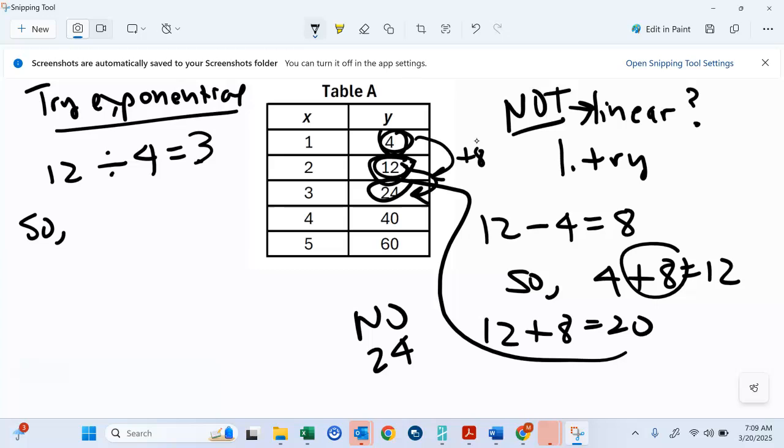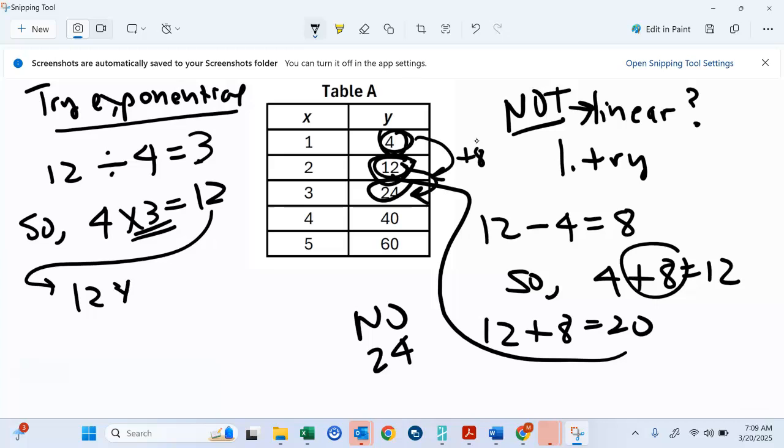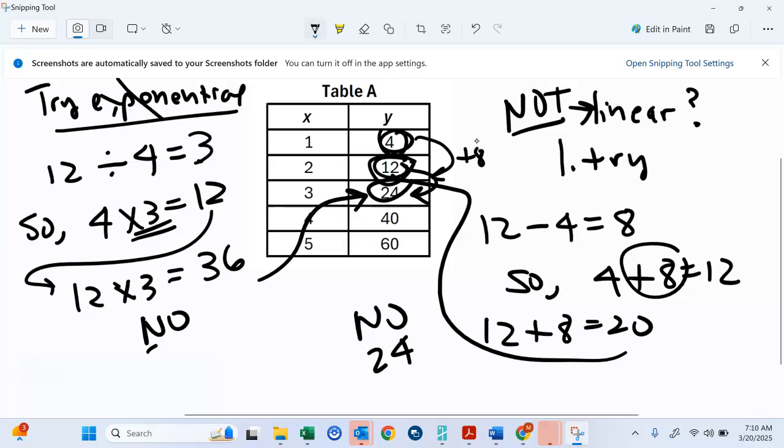So that means 4 times 3 equals 12, right? Does it continue? Let's see. 12 times 3 equals 36. Is that 36? No. So it's not exponential.